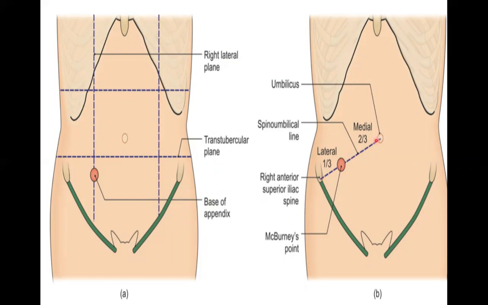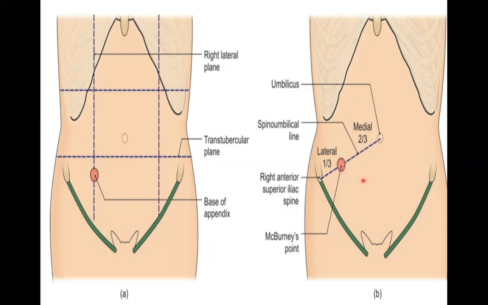umbilicus, the junction of the lateral 1/3 and the medial 2/3 of it is called McBurney's point. McBurney's point is the exact point where the position of the appendix can be present.